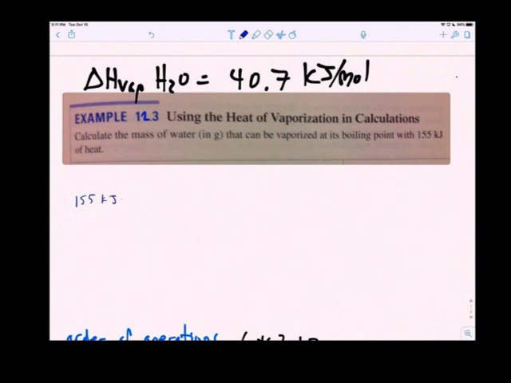So then for water, we have to divide by the heat of vaporization, 40.7 kilojoules. Then water is 18 grams water per mole water, just like this.